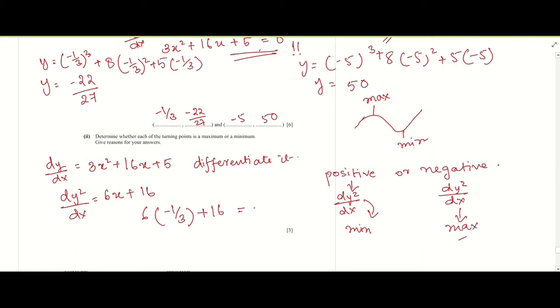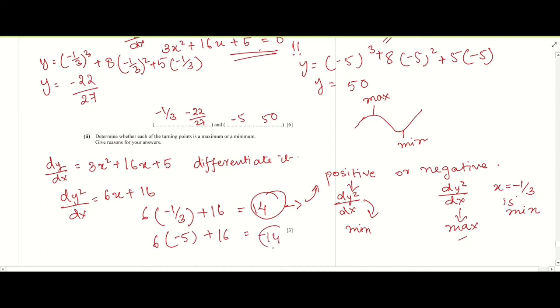When you do this, you'll get a positive value, which is 14, and positive means x equals negative 1 by 3 is a minimum. We'll still have to check to be sure. For x equals negative 5 this is negative 14, so it is negative.